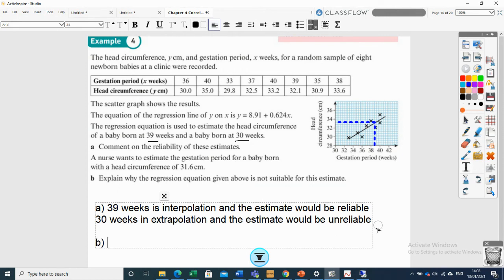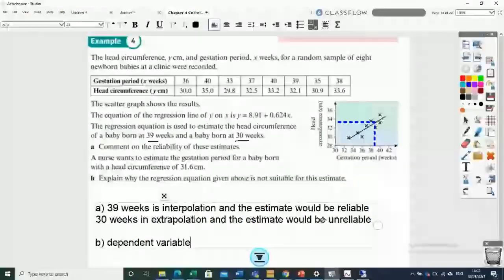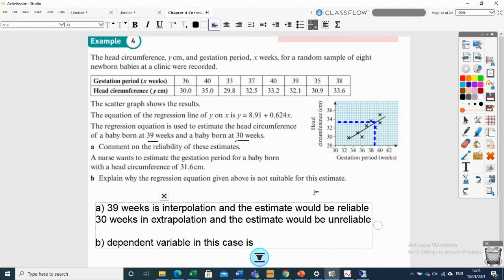Okay, part B. So a nurse wants to estimate the gestation period for a baby born with a head circumference of 31.6. Explain why the regression equation given above is not suitable for this estimate. Okay, so the dependent variable in this case, the y variable, is the head circumference.